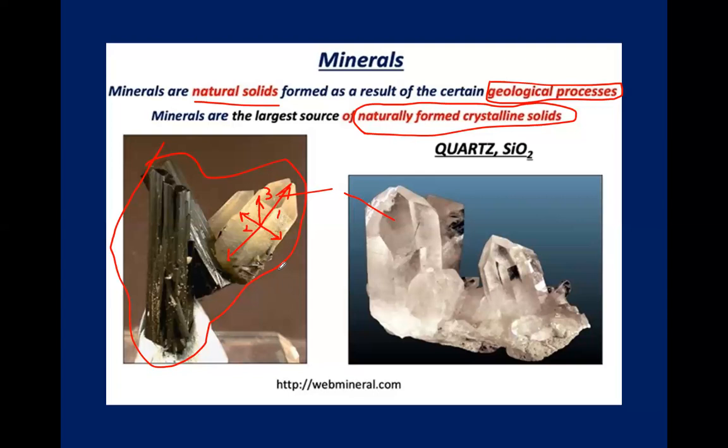But there are some similar groups of minerals which have similar types of axes. For example, for quartz, I said one axis is elongated and the other two are equal. And that is not only for quartz. There are some other minerals also having the same type of features in the dimensions of these axes.